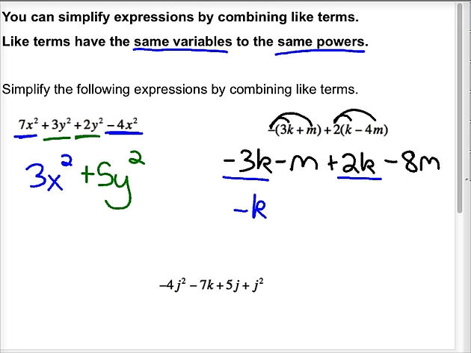And then I have negative m minus 8m. So think, there's a hidden 1 there, so negative 1 minus 8 more. And again, if that's confusing or scary, type it into the calculator. But you're getting more negative. That is actually negative 9 of those m's. So you get negative k minus 9m.